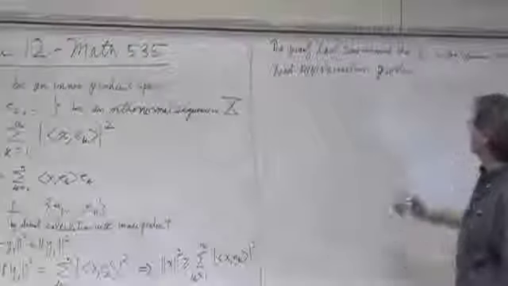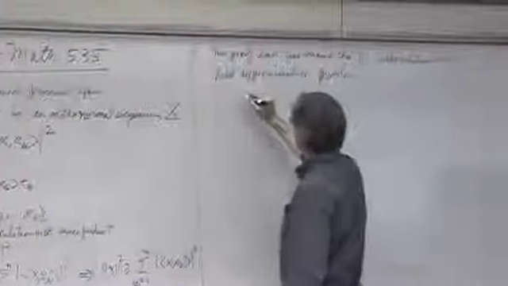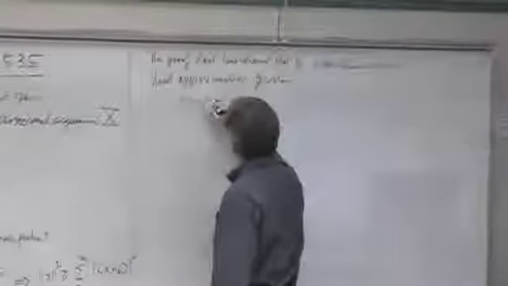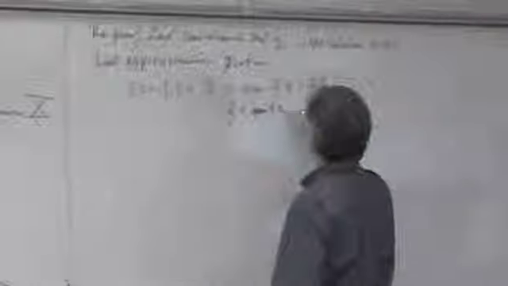The quick proof. The best approximation problem: the norm of x minus y1 equals delta, which equals the minimum of the distance between x and y tilde belonging to the span of e1 through en.